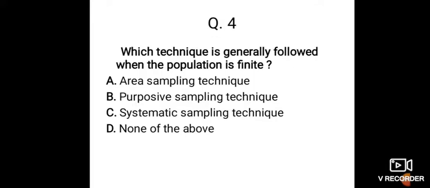Next question. Which technique is generally followed when the population is finite? Option A, area sampling technique. Option B, purposive sampling technique. Option C, systematic sampling technique. Option D, none of the above.